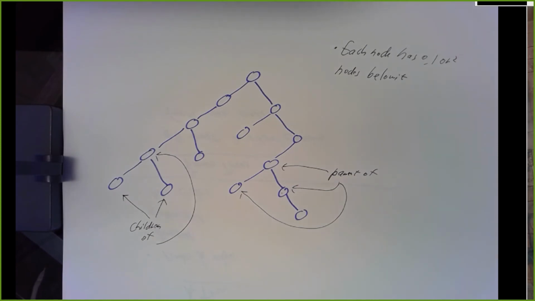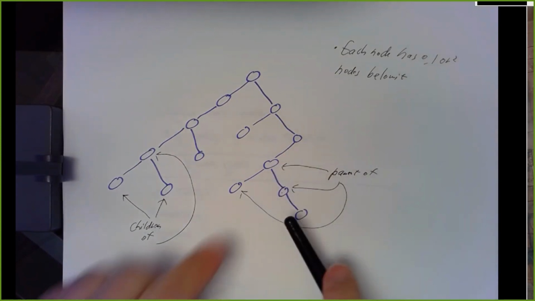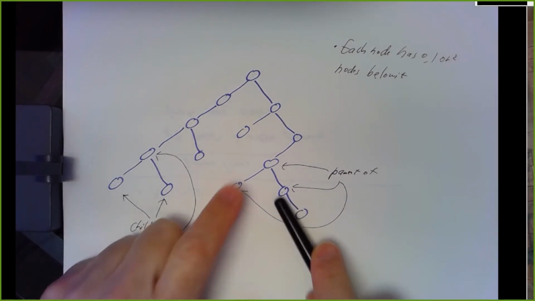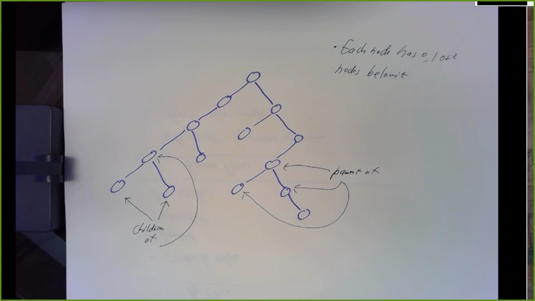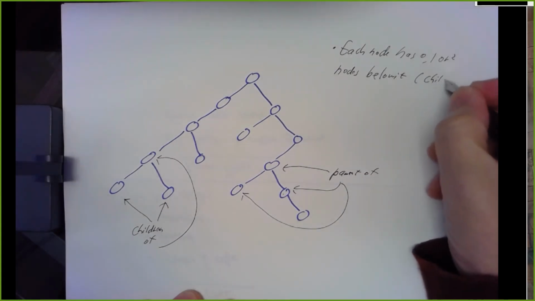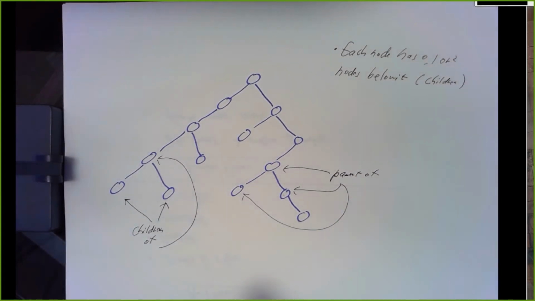So basic parent-child relationship, right? Parent sits right above these 2 nodes connected below it, and these 2 nodes that are connected below are the children of that parent node. So each node has either 0, 1, or 2 children, which are the nodes right below it.